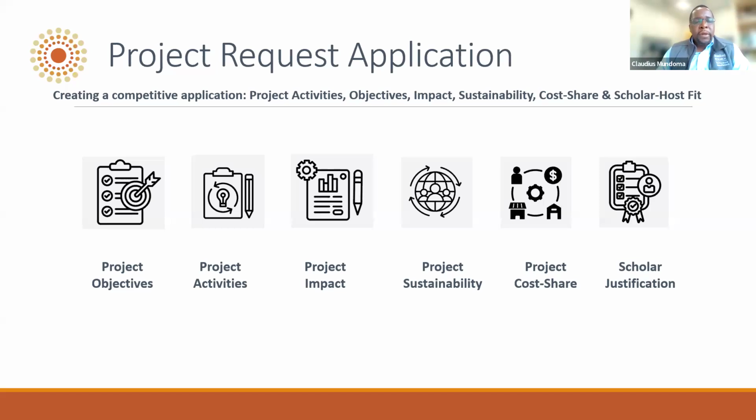So your natural partner in terms of cost share might not be the one that actually comes through. It might just be alignment with a certain objective and investment that the university has made. I was able to tap into the international programs that fully funded my time off at the university, as well as some of my travel. And then the scholar justification.